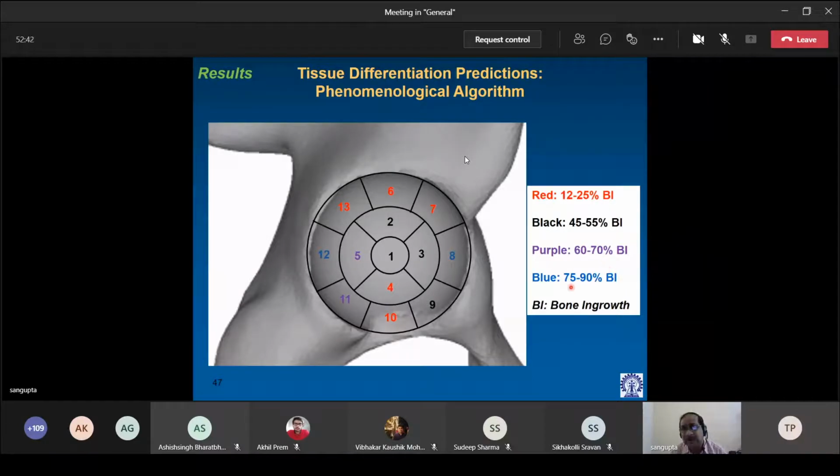Okay, and blue is 75 to 90% bone ingrowth. So we select one of each color code and present the results. So we select 5, 7, 8, and 9, okay, one of each color code.